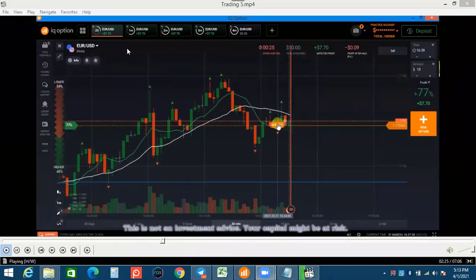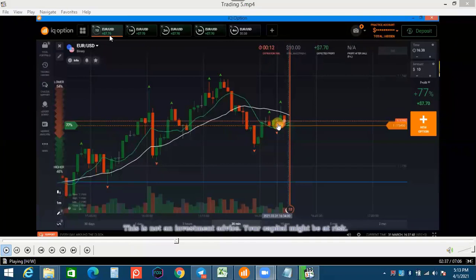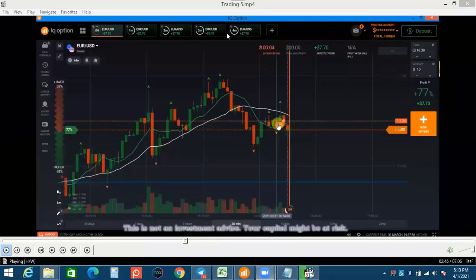If one trade is closed in a profit, from your investment, if the first trade is closed, it means $7.7 is in your account. After every minute, one trade will be closed. In the history, you will see after every minute you are trading.